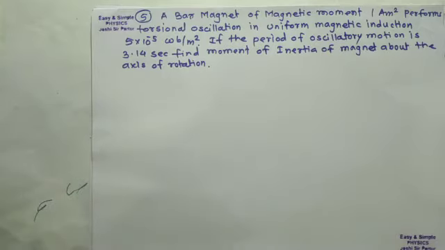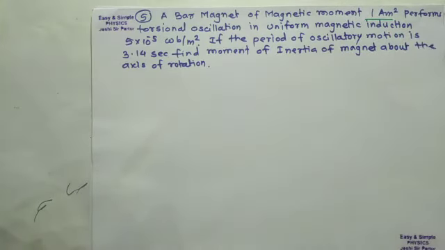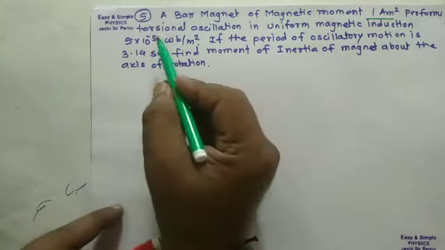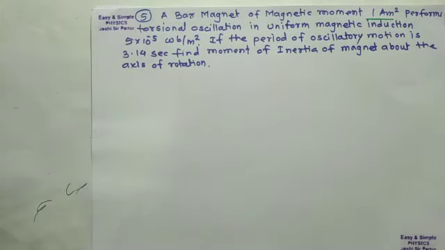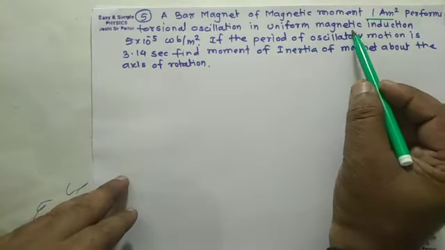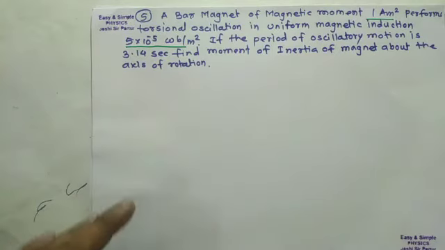That example will be a bar magnet of magnetic moment 1 ampere meter square performs torsional oscillation in uniform magnetic induction of 5 into 10 to the power minus 5 Weber per meter square.